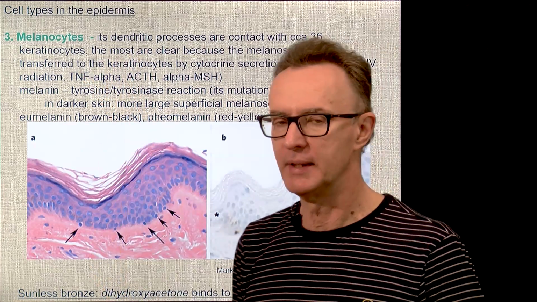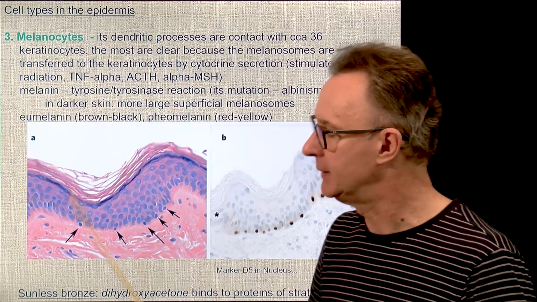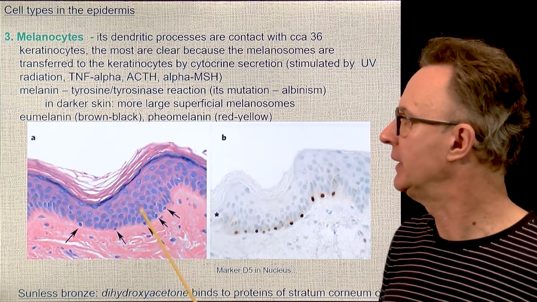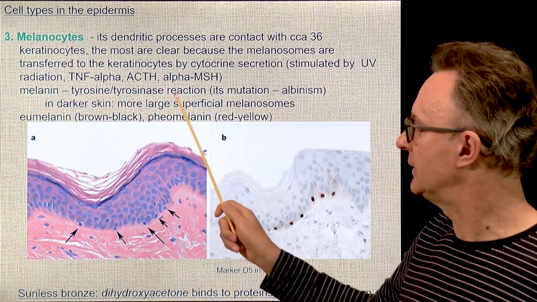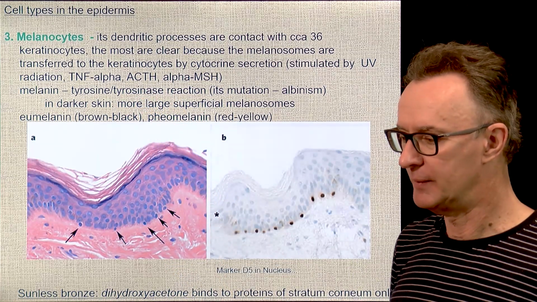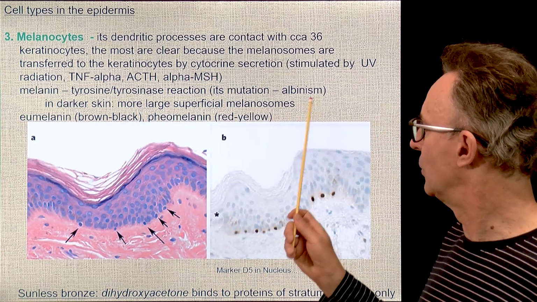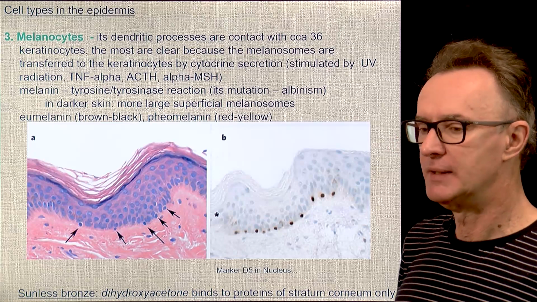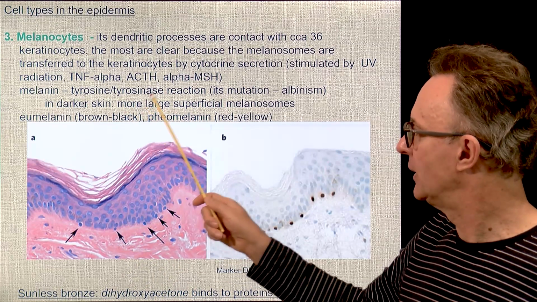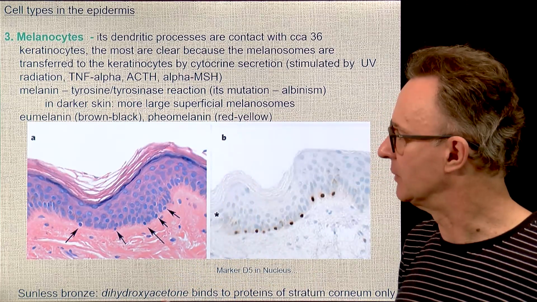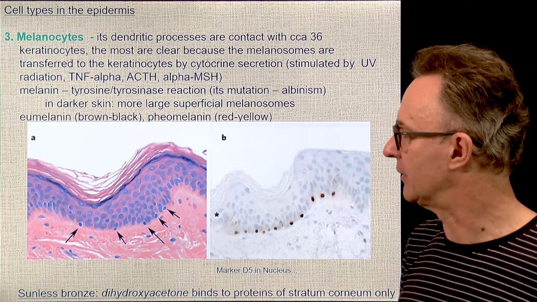The major content of the melanosome is the melanin, which is synthesized from tyrosine. You studied this in biochemistry. The key enzyme is tyrosinase, and if we have a mutation of this enzyme, this leads to a special phenomenon called albinism. Otherwise, in the darker skin, we have more larger and more superficial melanosomes, so this causes the darker skin in general.